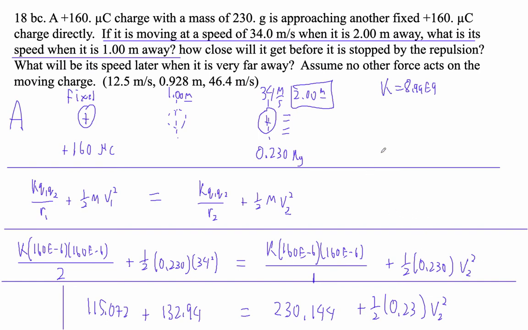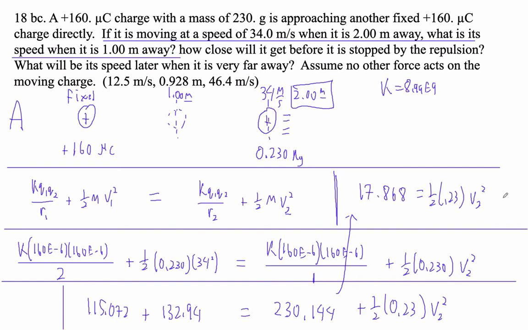17.868. Okay, so I'm just going to borrow some space here. Okay, so now this expression here turns into 17.868 is 1/2 0.23 V2 squared.